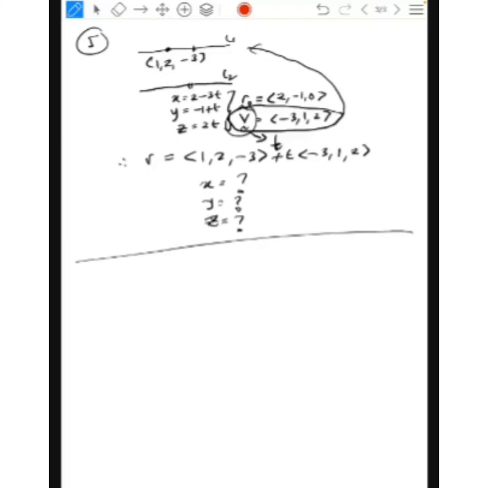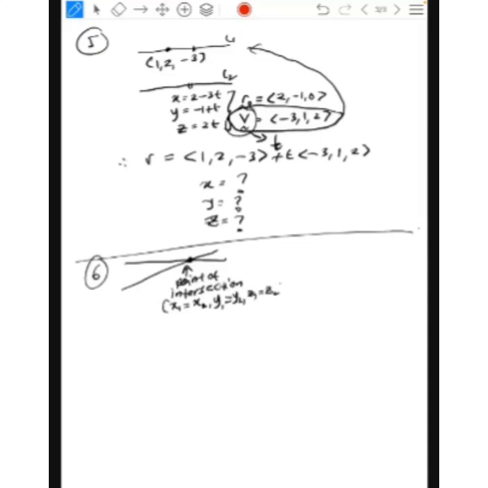Okay, question number 6. Find the point of intersection for the lines L1 and L2. Now we are looking into intersection. So if two lines intersect with each other, here is the point of intersection. At this particular point of intersection, the value of x1 is equal to x2, the value for y1 is equal to y2, and the value for z1 is equal to z2.